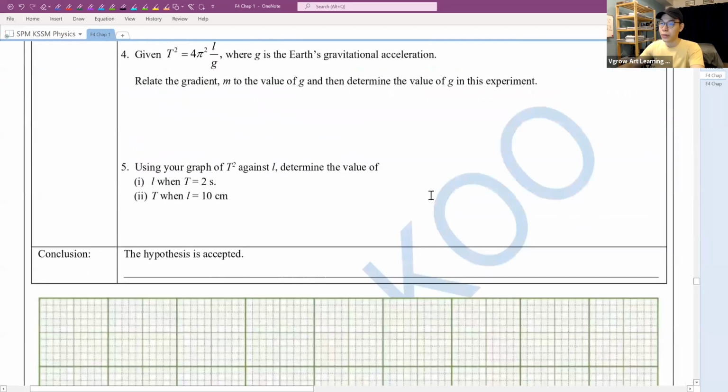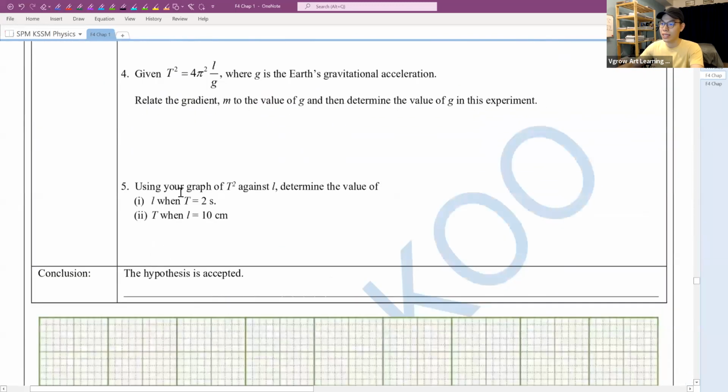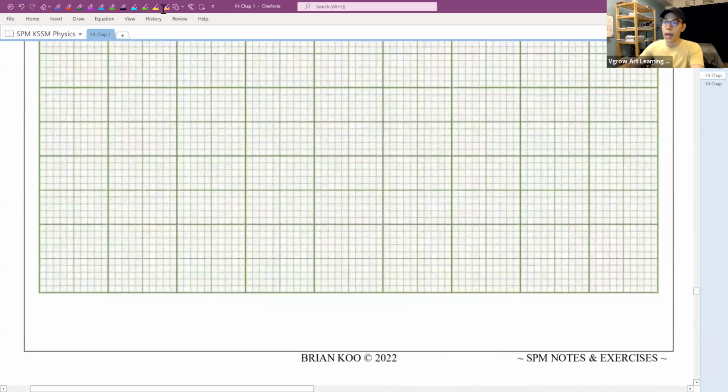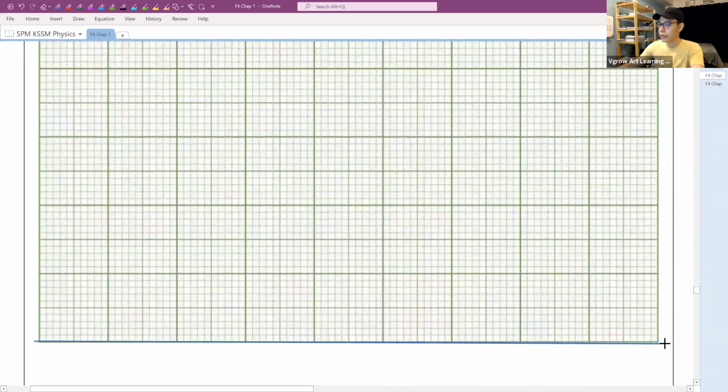The L, right, is the length of the pendulum, up to 70 cm. So when you look at your axis here, if up to 70 cm, meaning if here's 0, here's 10, 20, 30, 40, 50, 60, 70, that means up to here.